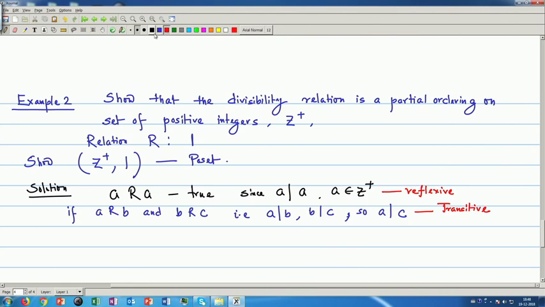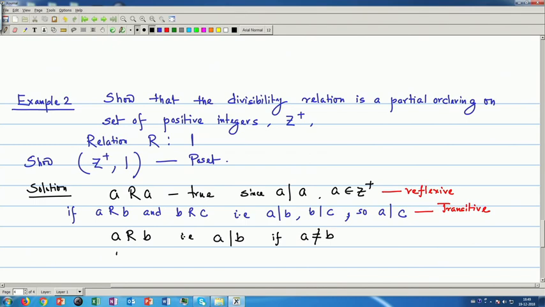Now, what about antisymmetric? If A R B holds, that is A divides B, and if A not equal to B, then B R A is never true.